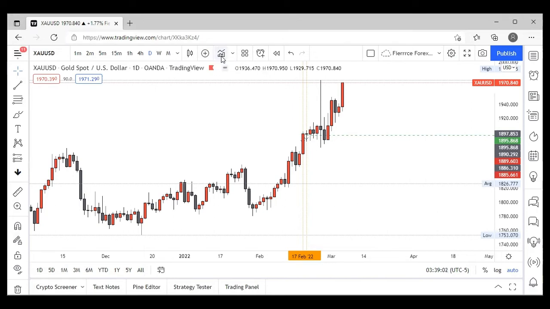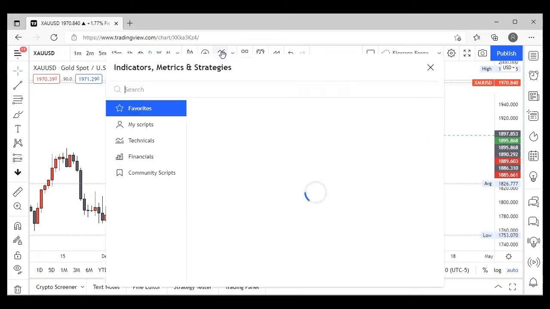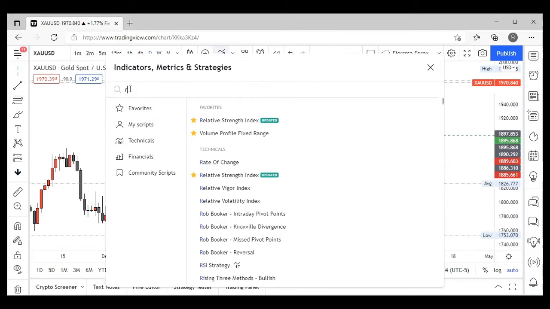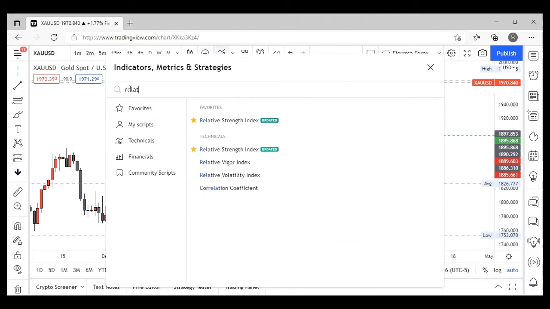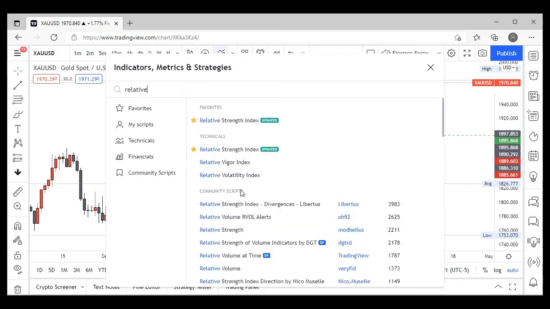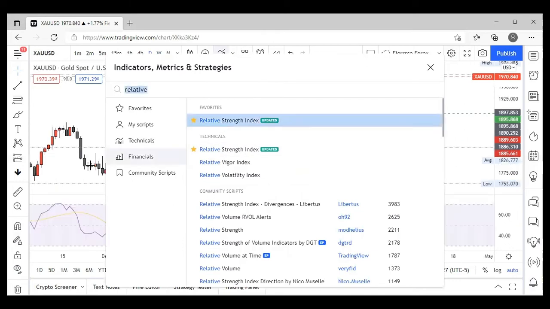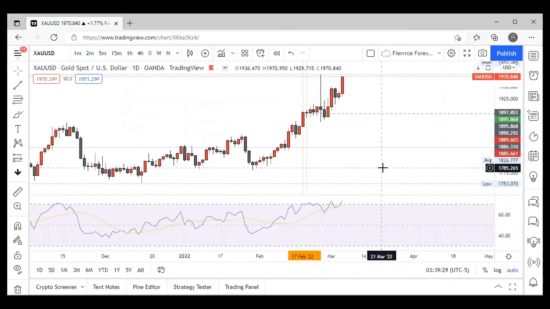So if you wanted to add any of those indicators, you just come here and click on relative strength index, or you can search for it here. You just type it out, relative strength index, and you'll see all the different types of relative strength indices. So this is the one, you click on it and it's going to be added automatically onto your chart.